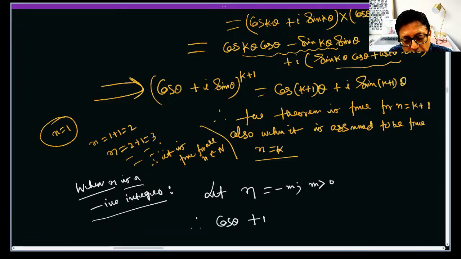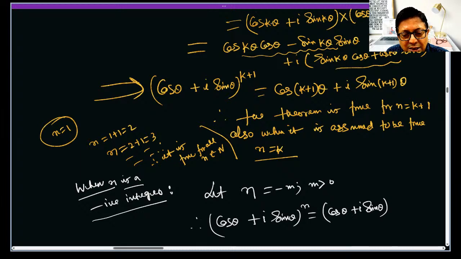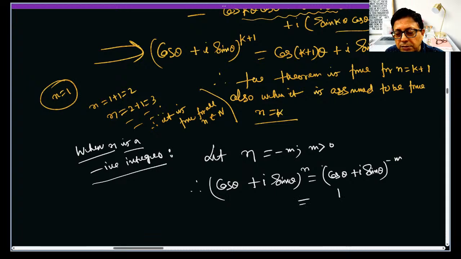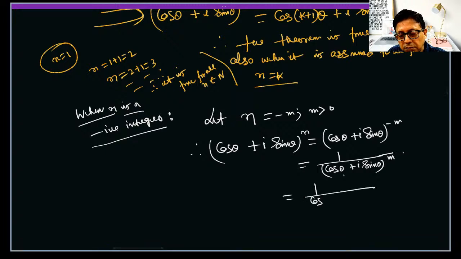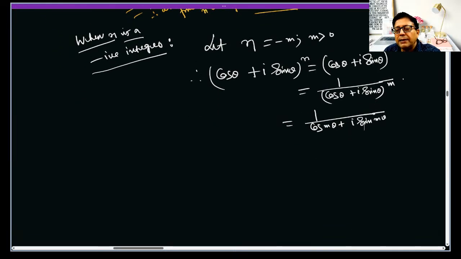Therefore cos theta plus i sin theta to the power n will be cos theta plus i sin theta to the power minus m, which is 1 over cos theta plus i sin theta to the power m, that is 1 over cos m theta plus i sin m theta.